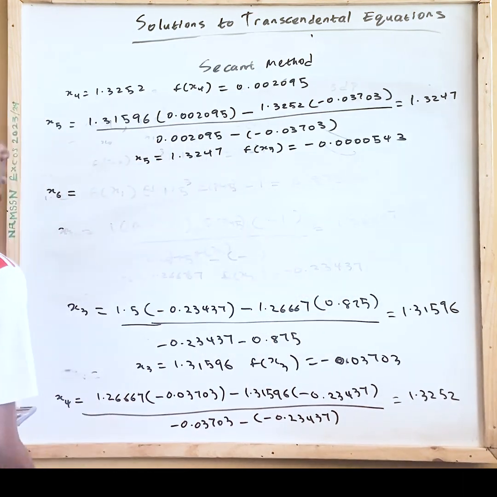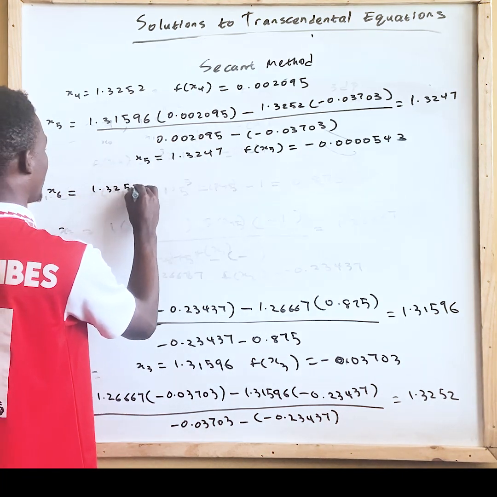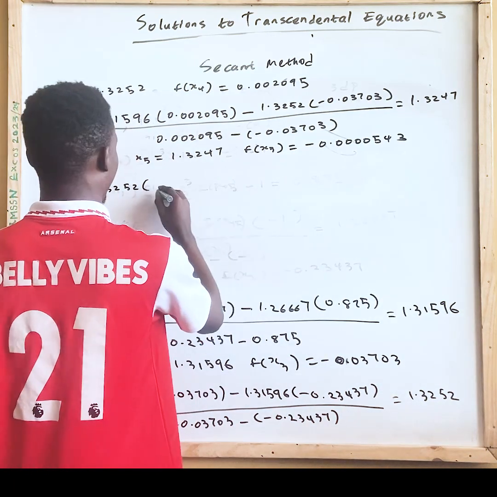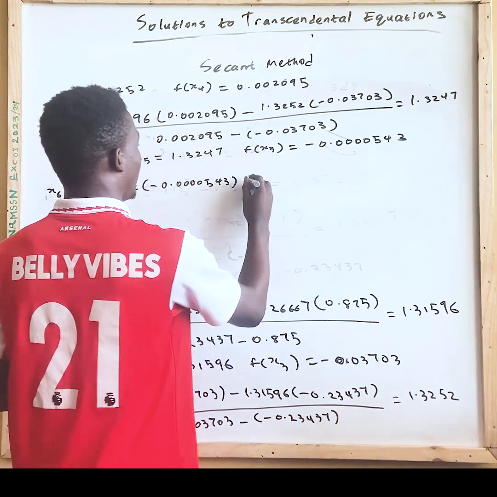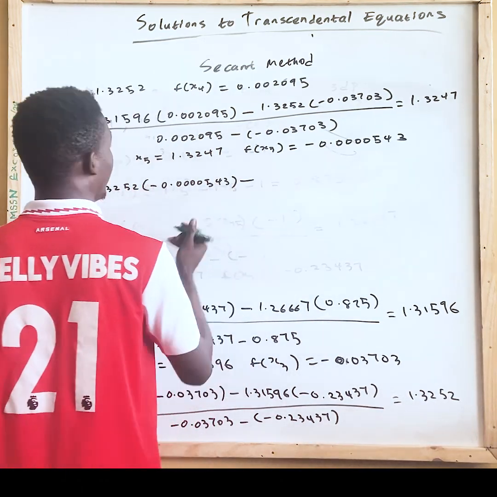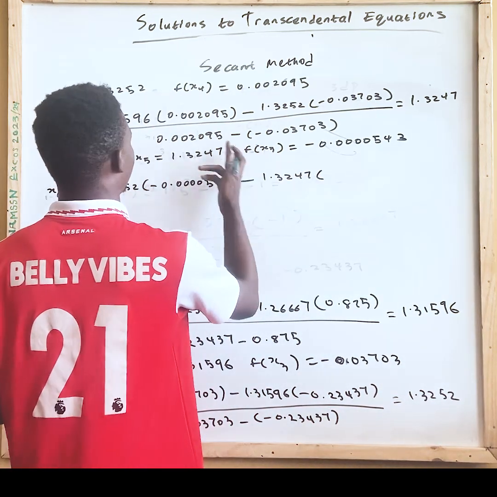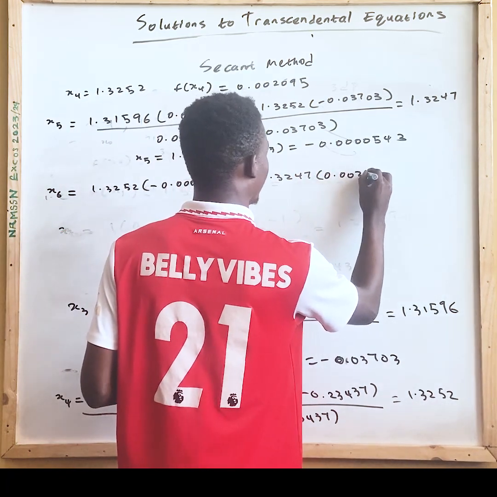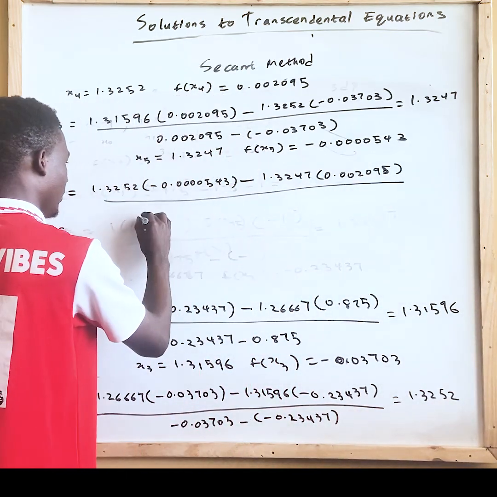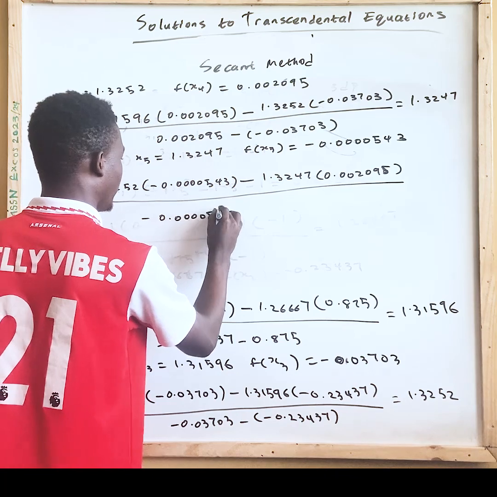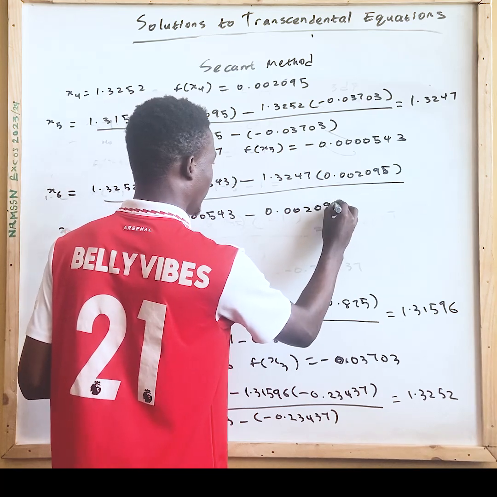Okay, so x6 is x4, 1.3252, x5. f of x5 is minus 0.0000543, minus x5, 1.3247, f of x4, 0.002095, over minus 0.0000543 minus 0.002095.